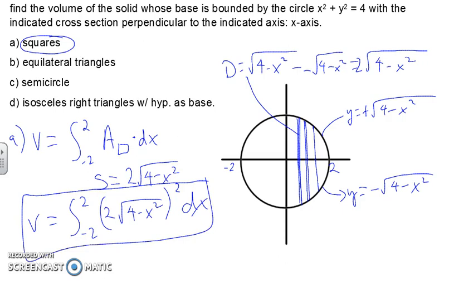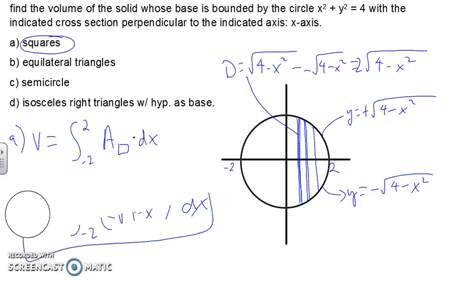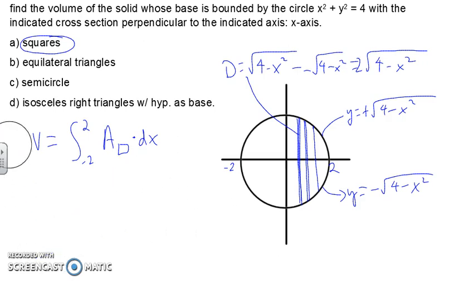Okay? All right, the next shape will be equilateral triangles. So now I'm going to erase this. For equilateral triangles, in example B, instead of doing the area of a square, I'm going to do the area of an equilateral triangle. Now again, the formula for an equilateral triangle is equal to radical 3 over 4 times s squared.